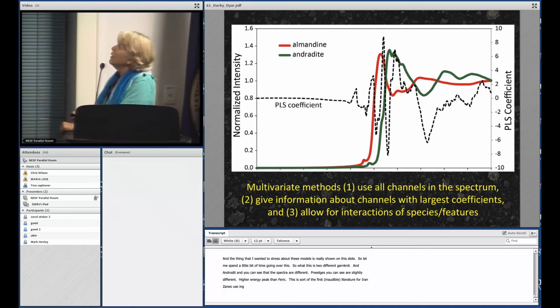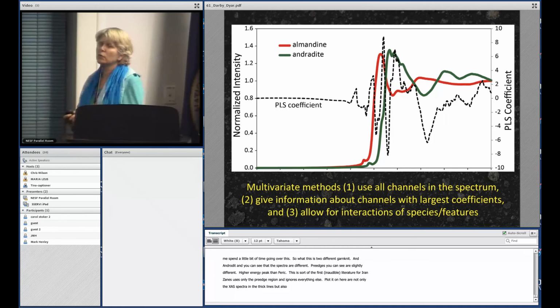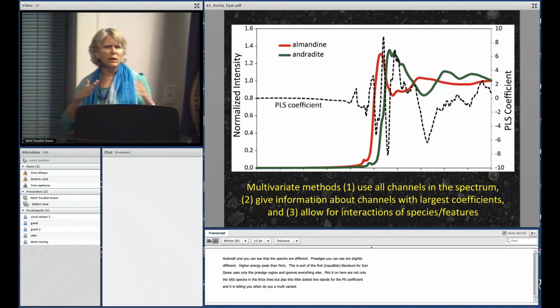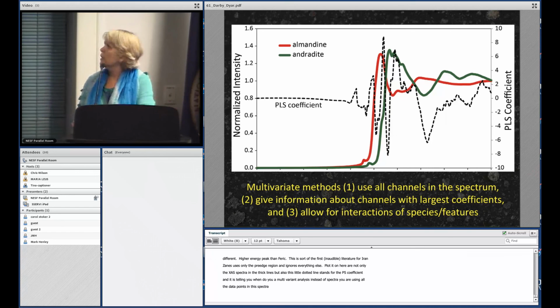Now, plotted on here are not only the XAS spectra in the thick lines, but also this little dotted line, which stands for the PLS coefficient, the partial least squares coefficient. What this is telling you is that when you do a multivariate analysis of a set of spectra, you are using all the data points in the spectra. You're not biasing it by telling it to look in any particular location.